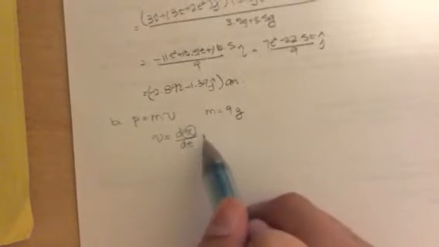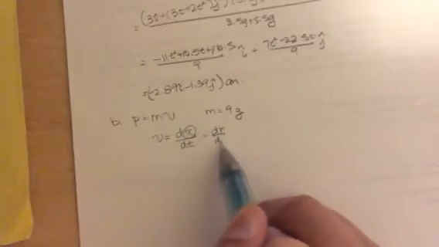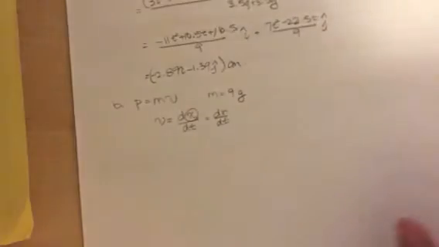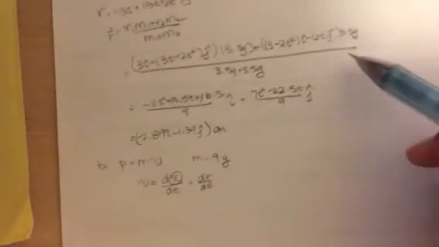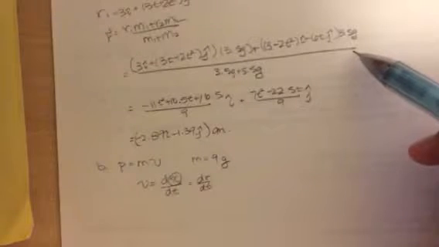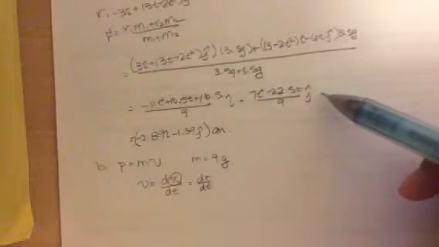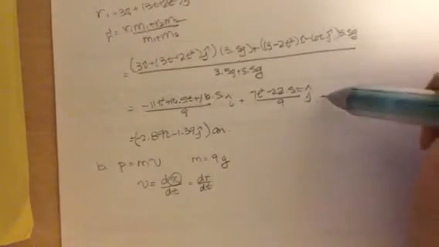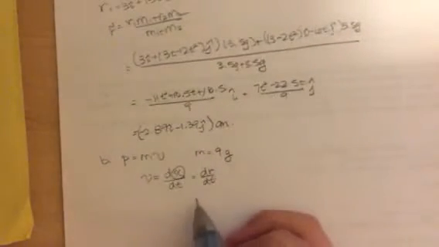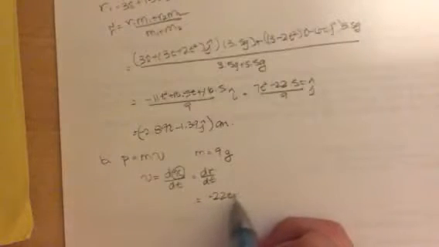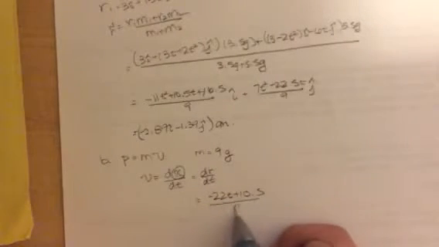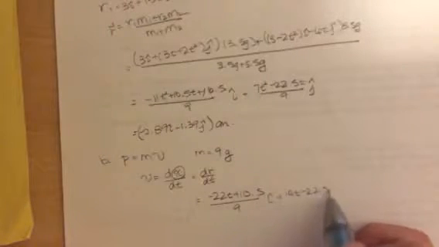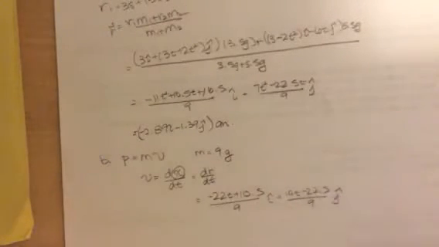Another way to write that is dr/dt, which is what the question gives us. And you found r in terms of t here. This is the more simplified term. So we're going to differentiate this and end up with (negative 22t plus 10.5) over 9 i plus (14t minus 22.5) over 9 j.